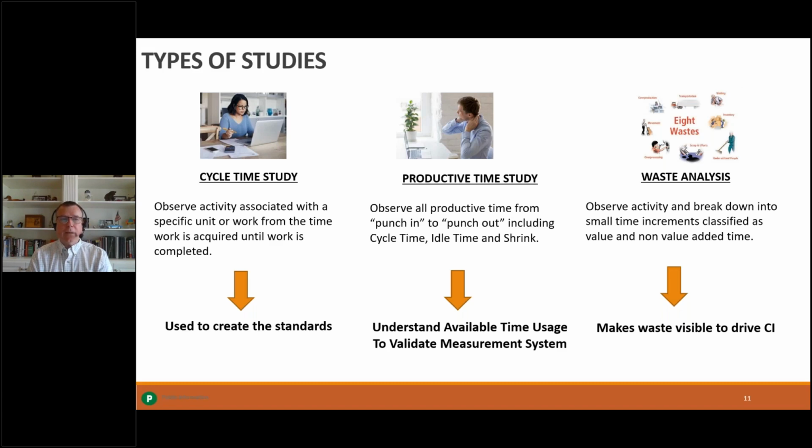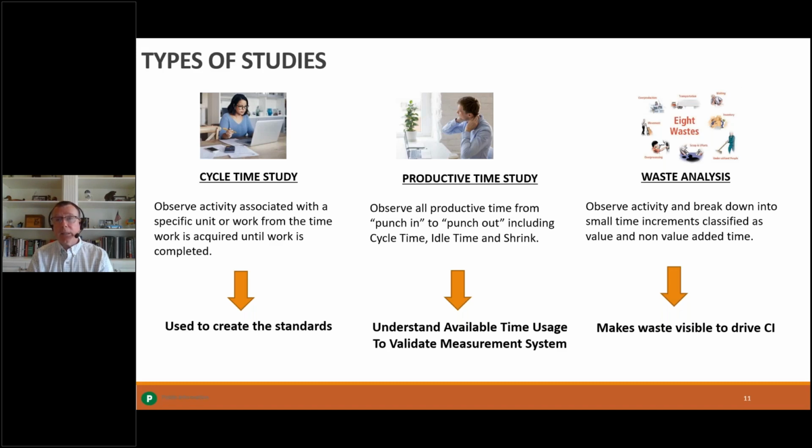Once you've got your processes relatively stabilized, or at least we're working towards these new standards, people start getting some confidence in the work that you're doing. We often then get asked, and get the opportunity, to do a waste analysis. And the waste analysis is actually the one that I find the most interesting and the most rewarding.